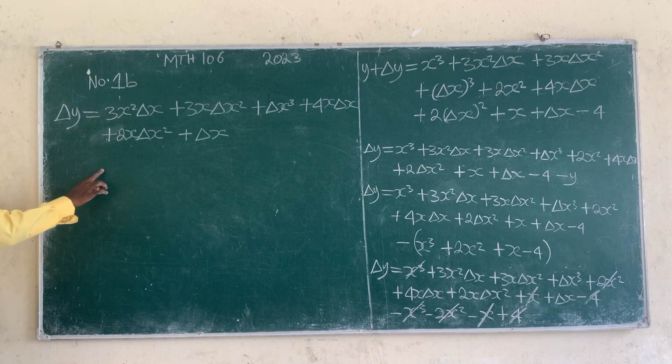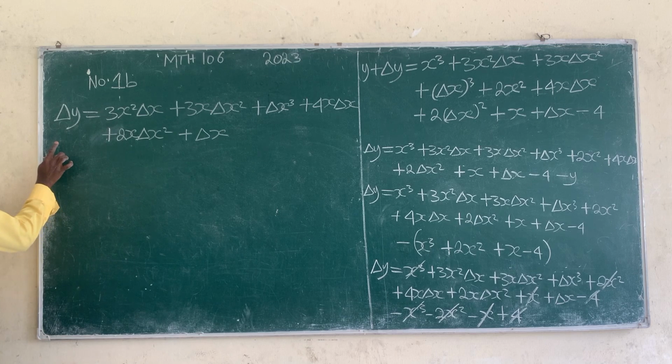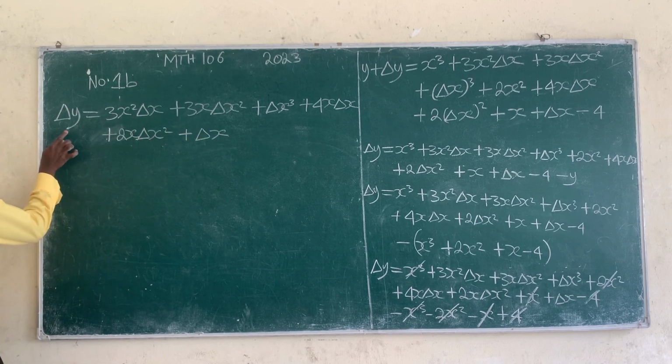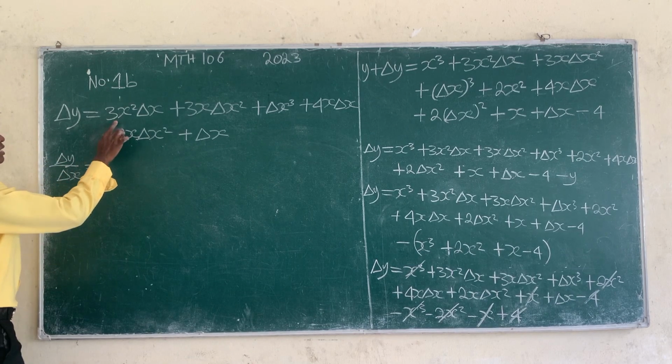Now, having obtained this, our next task is to find increase in y over increase in x. So what are we going to do? We are going to divide each term by increase in x. So divide this, you have increase in y over increase in x, and this is equal to, you divide each term.